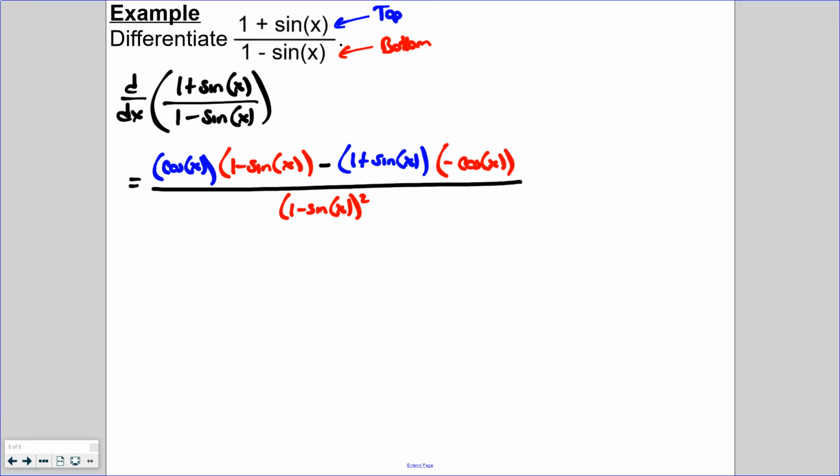Alright, so now there's just some simplification we need to do. We can distribute the cosine into both of those terms, and then we can distribute the negative cosine into both of those terms. So that's going to give us cosine times 1, which is cosine of x, minus sine of x times cosine of x.